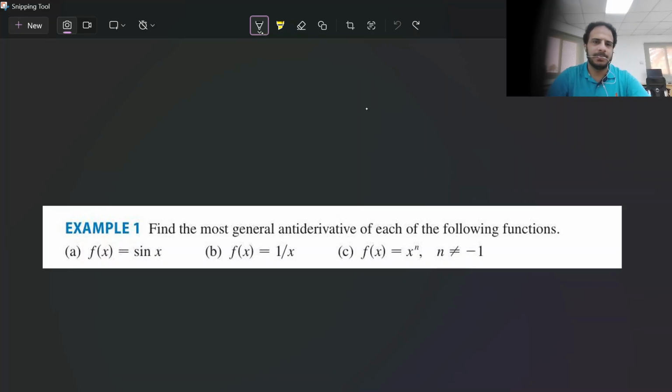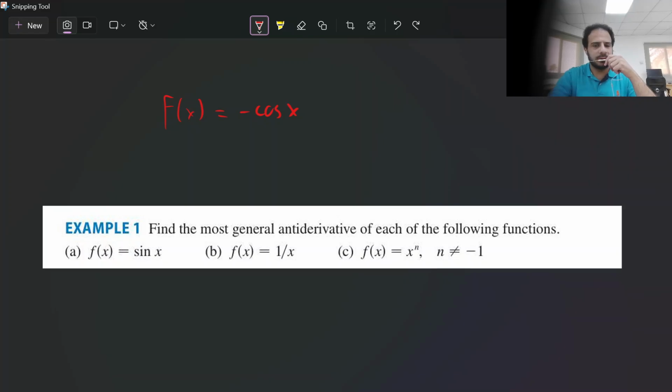Negative cosine x. Yes, thank you. So, negative cosine x. Why is it negative cosine x? Because the derivative of cosine is minus sine x, and so you need to multiply by minus 1 to get the positive sign.